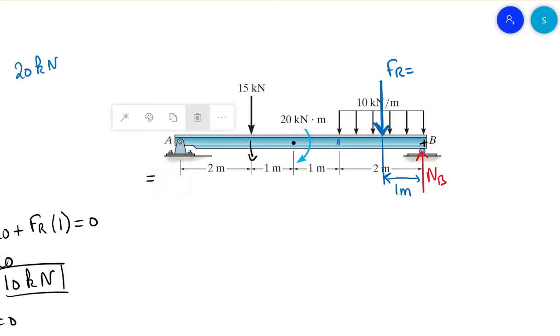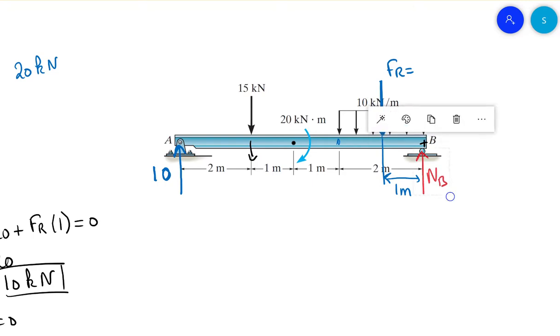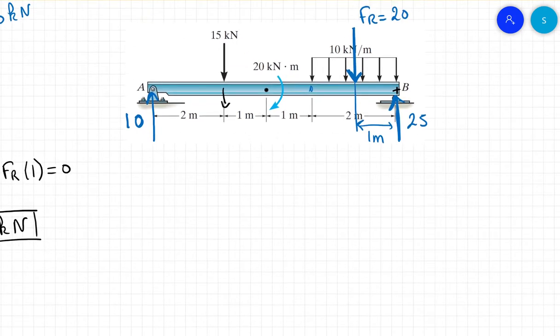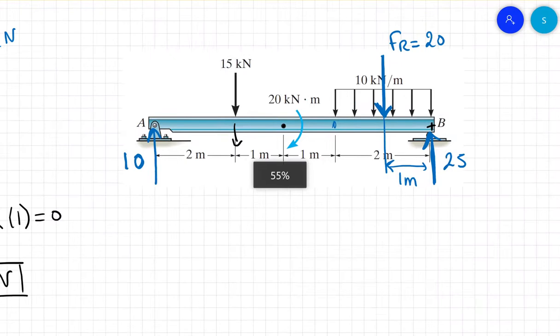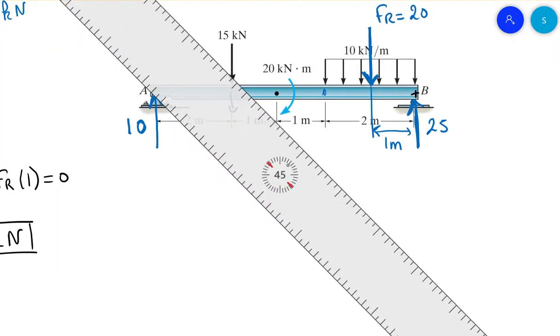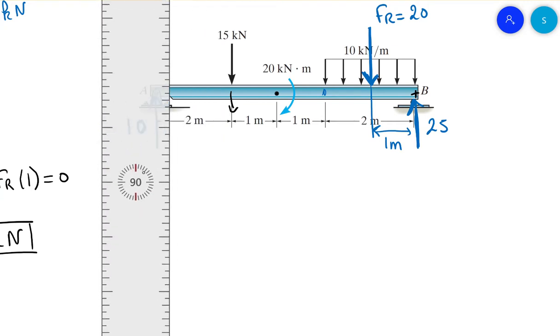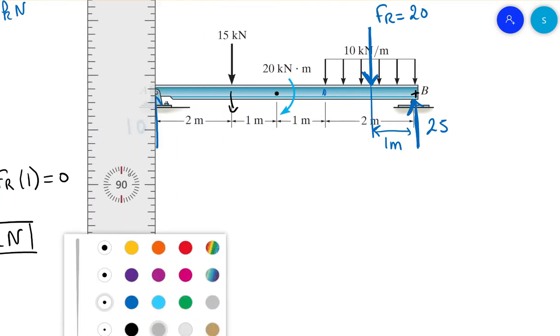I will put the Ay that we found, equal to 10, and the NB equal to 25, and FR equal to 20 times 1, 20. Okay, so we need to split.